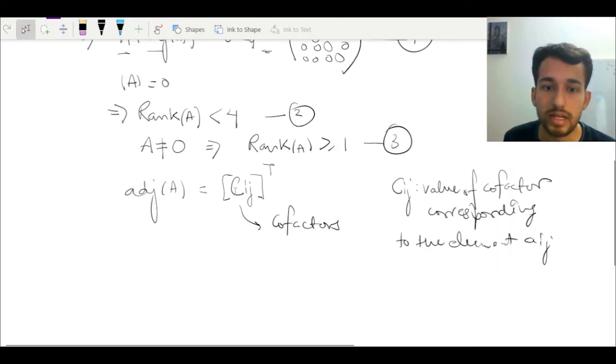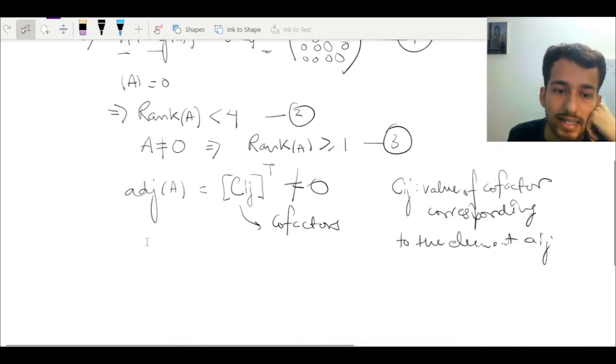Now this is given to be non-zero to us, and here each entry Cij, if you recall, suppose I choose a particular value C11.